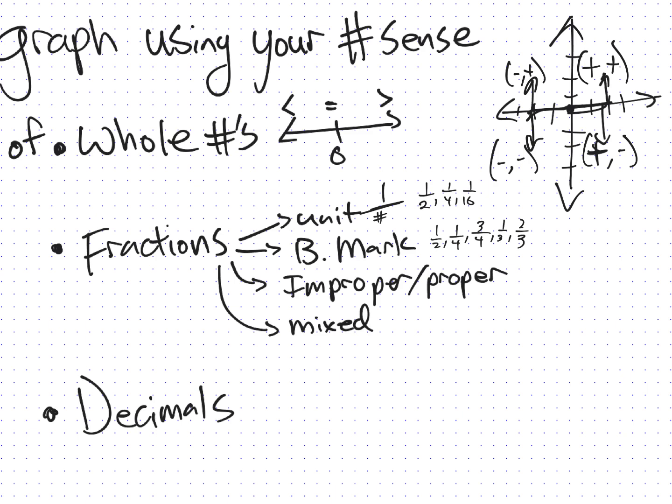Understanding if it's an improper or proper fraction. If it's an improper fraction, remember the numerator is greater than our denominator. Proper fractions, you know, it's basically anything that I've talked about before. If it's a mixed number, we have a whole number, and then let's say 4/9, for example.